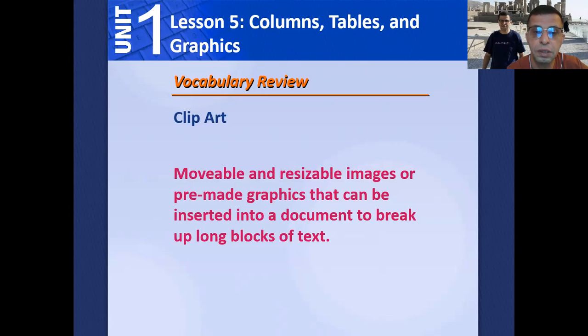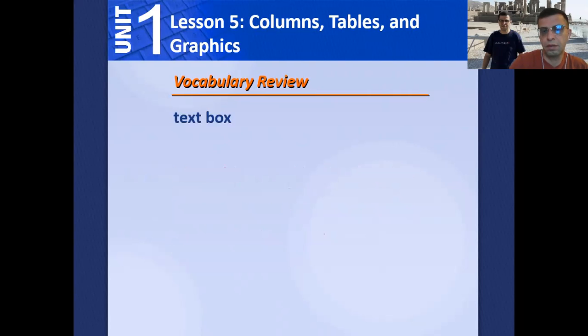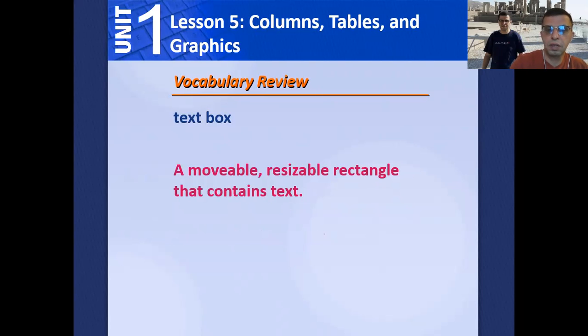Clip art: a movable and resizable image or pre-made graphic that can be inserted into a document to break up the blocks of text and make it more interesting. Text box is movable and resizable, as we said; it's a rectangle that contains text.